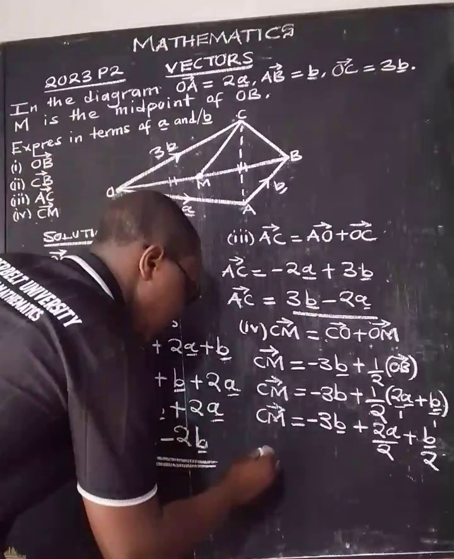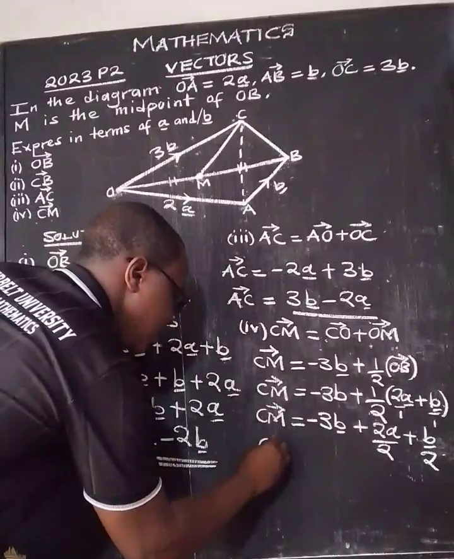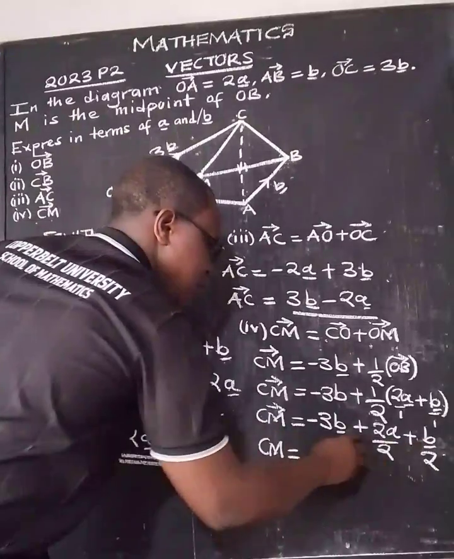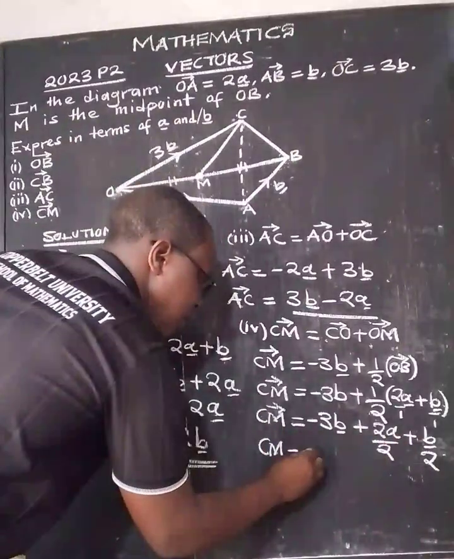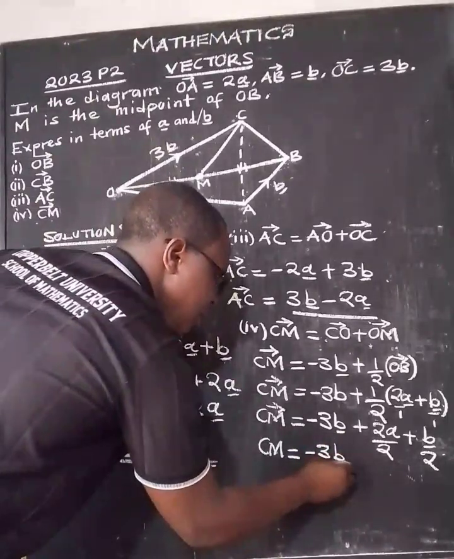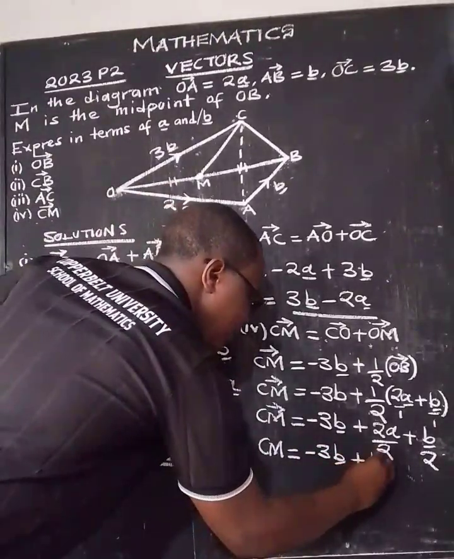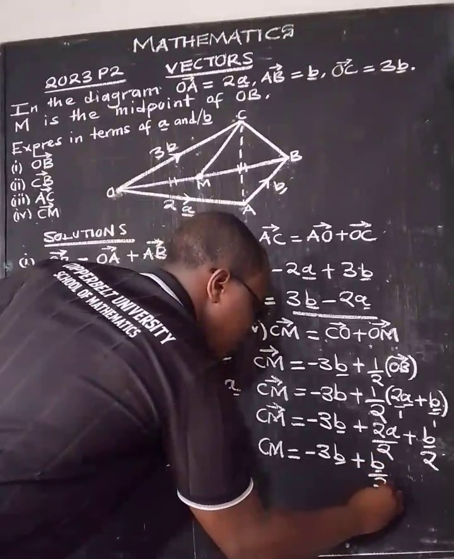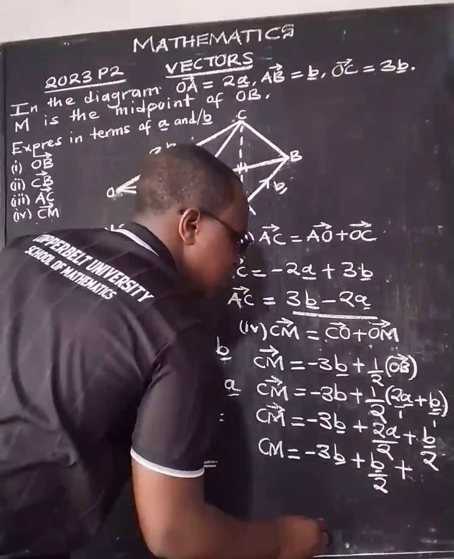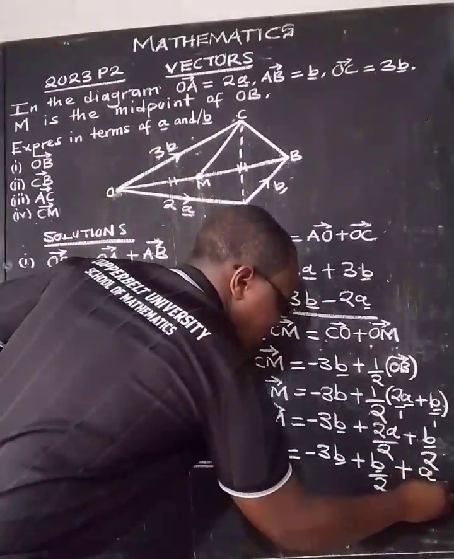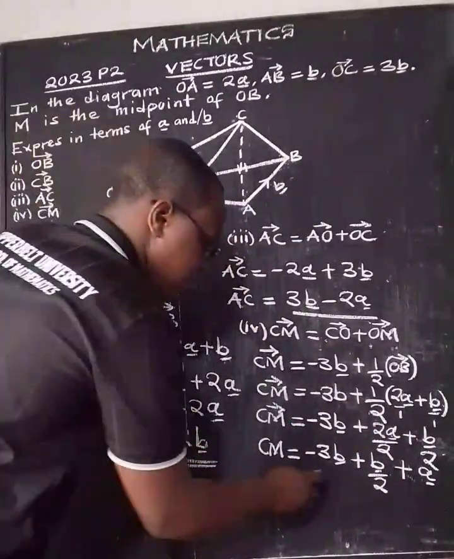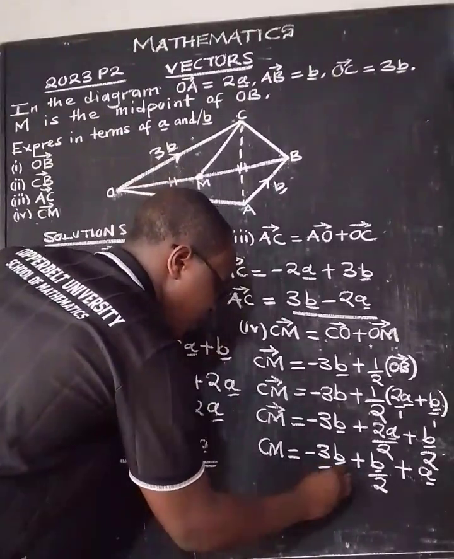So you can say now CM is equal to, these are like terms. So you can say negative 3 vector B plus B over 2 plus 2 over 2, it's 1. So we're going to have vector A just. Okay, now at this point we can simplify this one and say over 1.